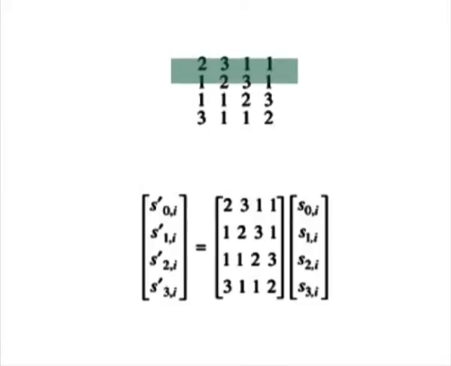The second row is 1, 2, 3, 1. The third row is 1, 1, 2, 3, and the fourth row is 3, 1, 1, 2. This matrix is multiplied by each column and the result is obtained.